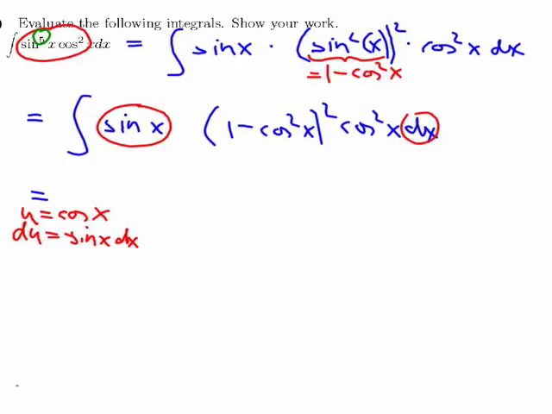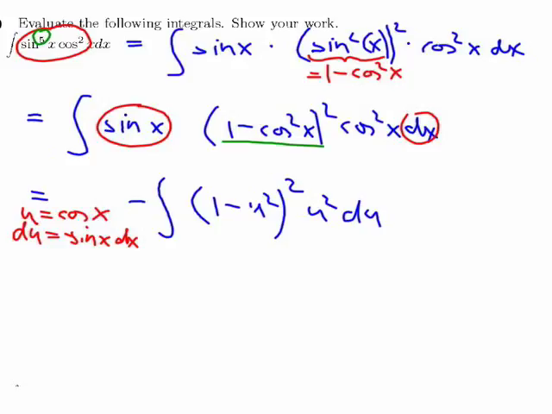Up to the minus sign, we have sine x dx already occurring here, so this is equal to minus the integral of 1 minus u squared, squared, times u squared du.